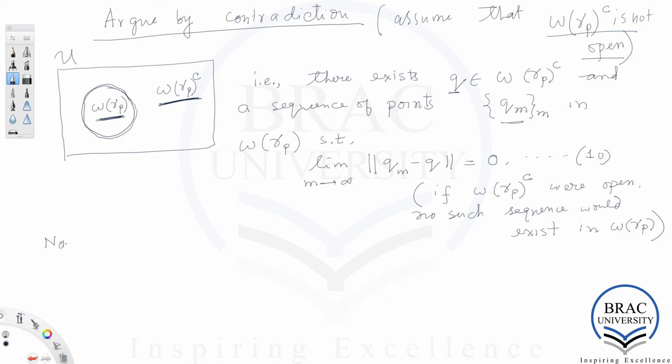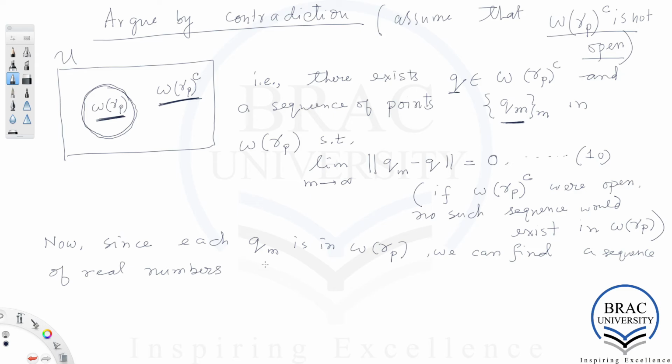Now we use the fact that each of these points of the sequence belong to this omega limit set, and hence, since each qm is in the omega limit set of gamma sub p, we can find a sequence of real numbers.